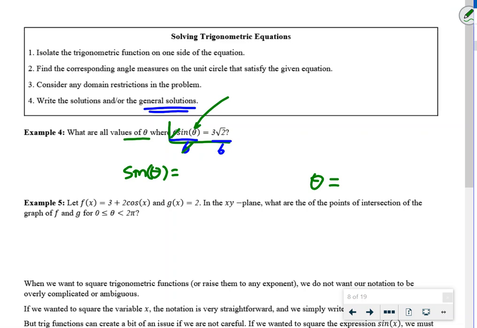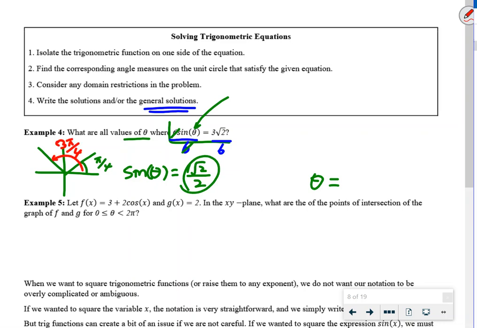When you simplify this, I'm getting 1 radical 2 over 2, which is the same as radical 2 over 2. Sine positive happens in the first quadrant and second quadrant, and this one comes from the 45-degree family, meaning the first answer angle measure should be pi over 4, and the second one is 3 pi over 4.